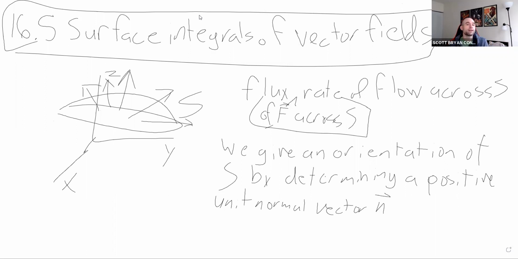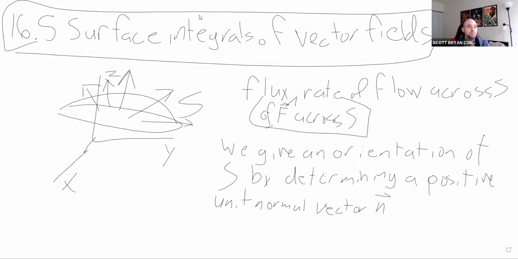Essentially that's going to be like picking a side of our surface. All the surfaces we deal with, and probably all the surfaces you can think of off the top of your head, have two sides, right? You think of a table, there's a top side and a bottom side.